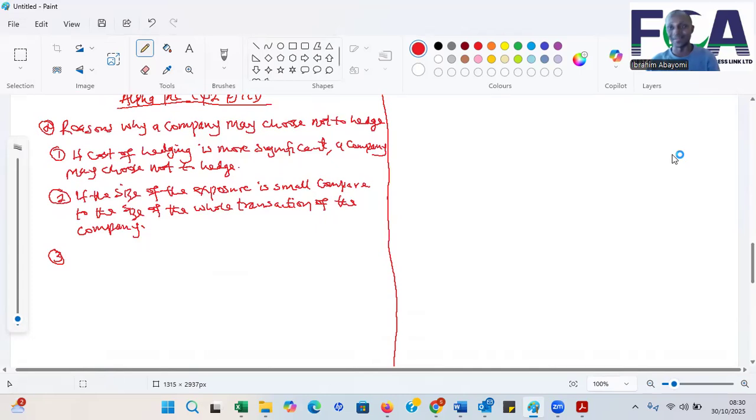Risk averse individuals will hedge their exposure, while a risk taker may decide not to hedge. You just think, let me try my luck. So your attitude will decide whether you hedge or not. That's number three.